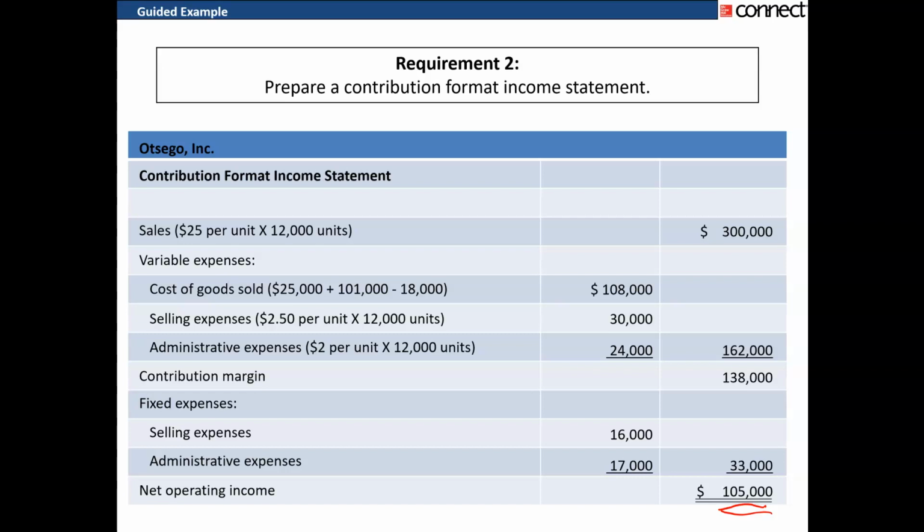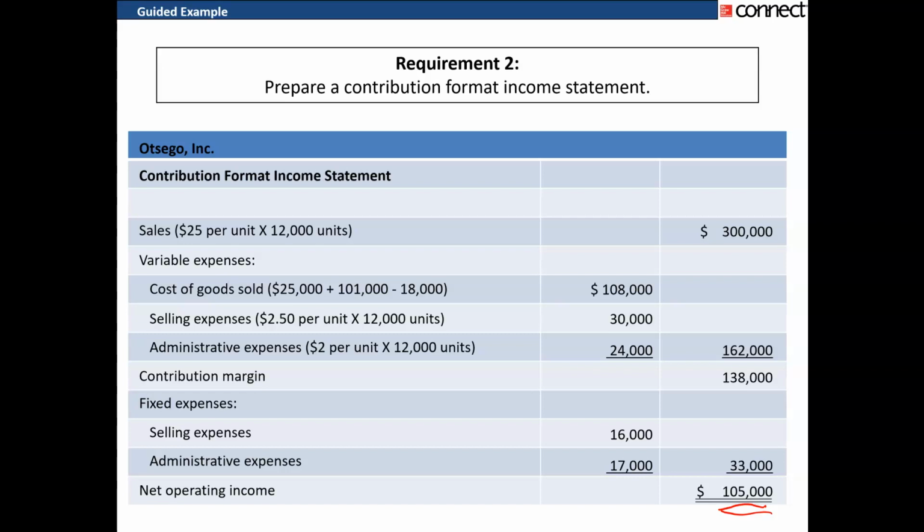It's just divided differently. And the reason why in managerial accounting you do that is because most of managerial accounting is internal. And internally, the managers, especially in merchandising and manufacturing companies, are going to want to see what the variable and fixed expenses are separately.